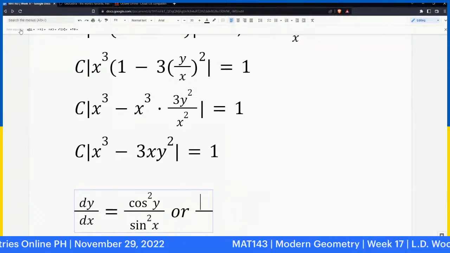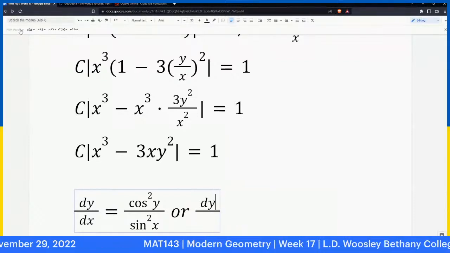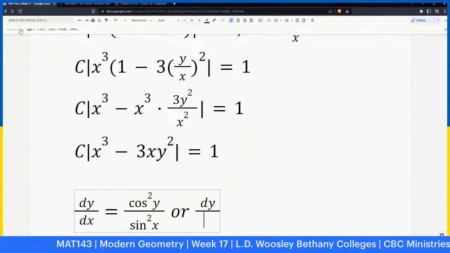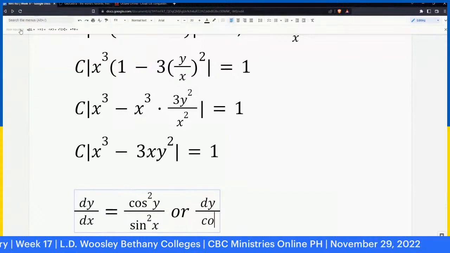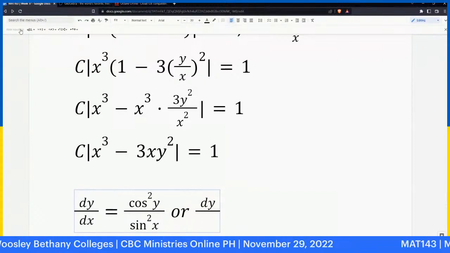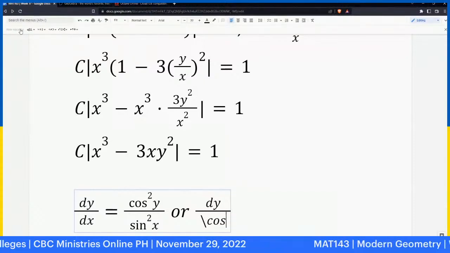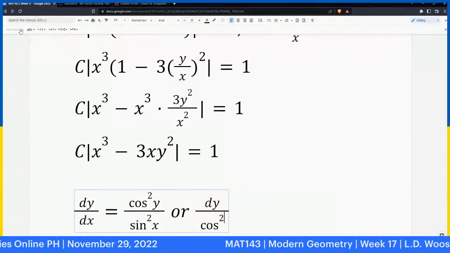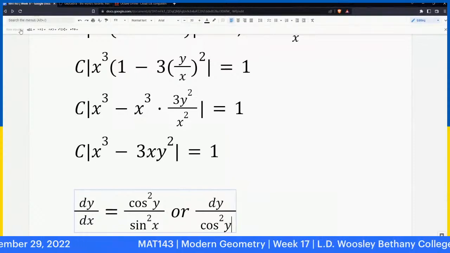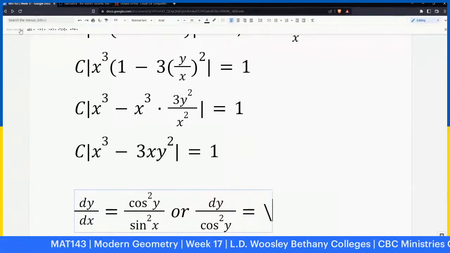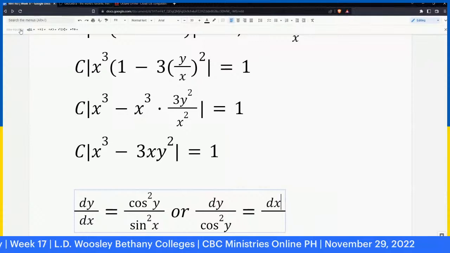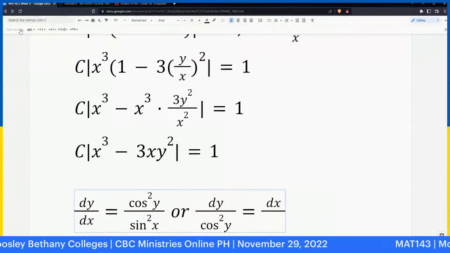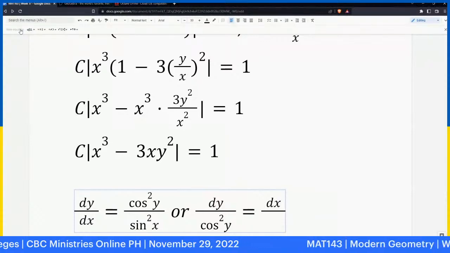Oh, dy over, is equal to dx all over. Ayan, nandiyan na.